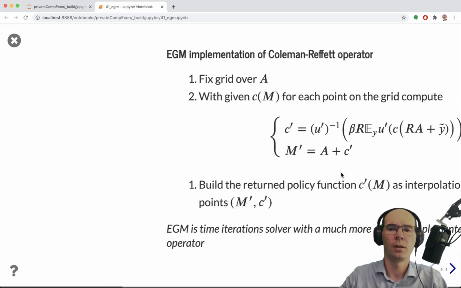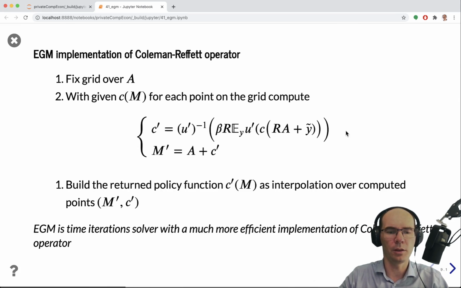Now we have a new implementation, an EGM-style implementation of the same Coleman-Reffett operator, right? It also takes as input the function that goes into the right-hand side, the policy function here. But then instead of using the grid over M, we can fix the grid over A, over the parameter that defines the correspondence here, this curve C of M, or C prime of M prime rather.